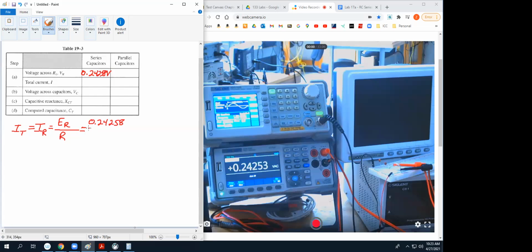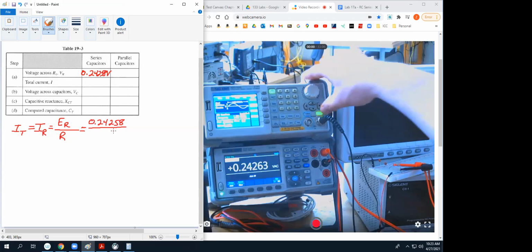I don't even remember what I had for my resistance value. Anybody remember what I had for my resistance value?